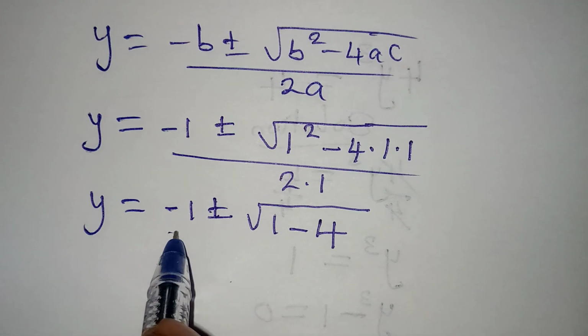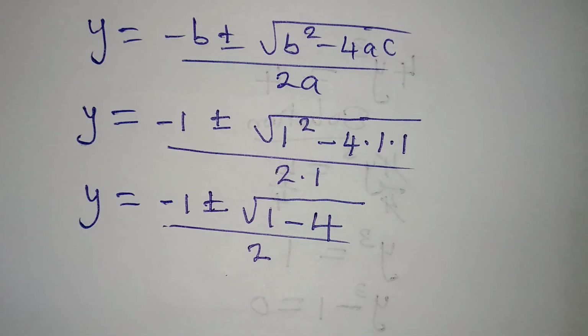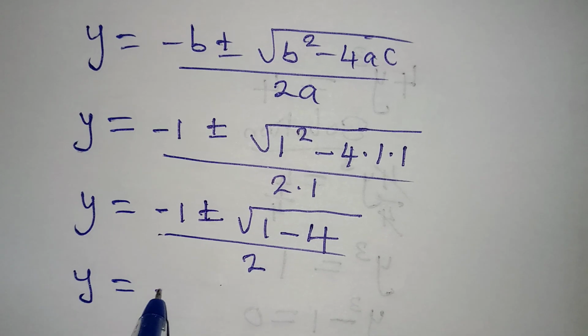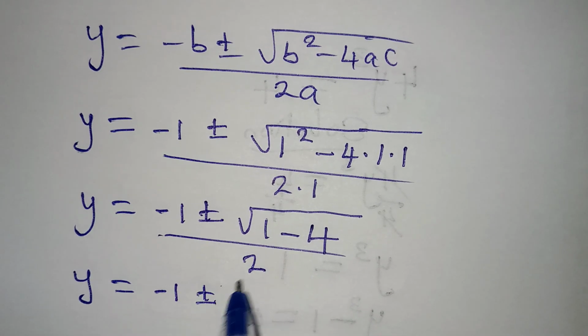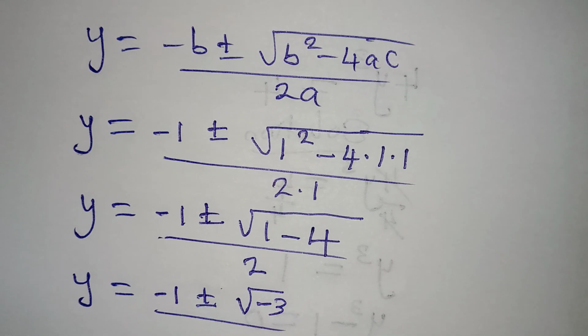So from here we divide by 2, since 2 times 1 is 2. The next thing to be done is y is equal to minus 1 plus or minus the square root of minus 3, and then we have over 2.